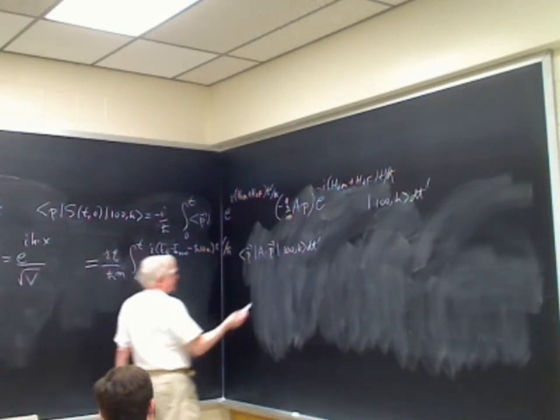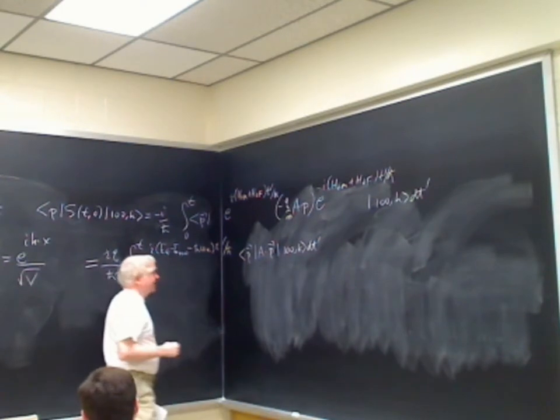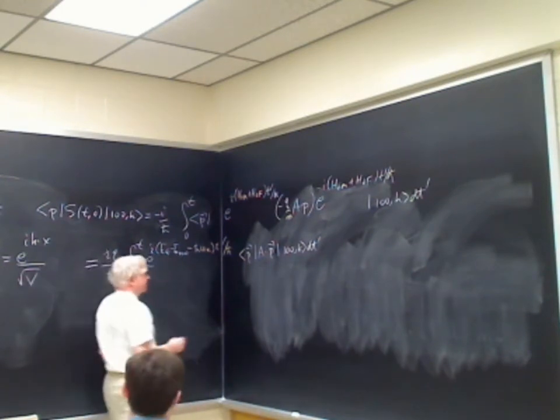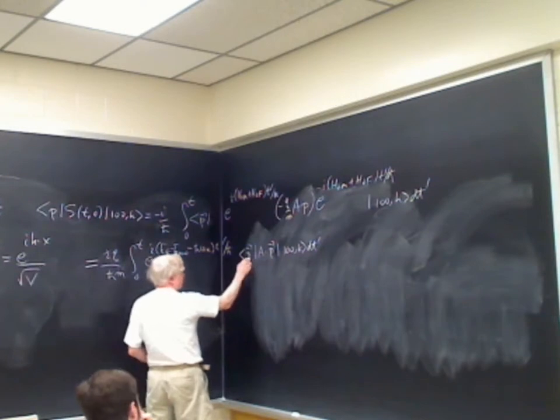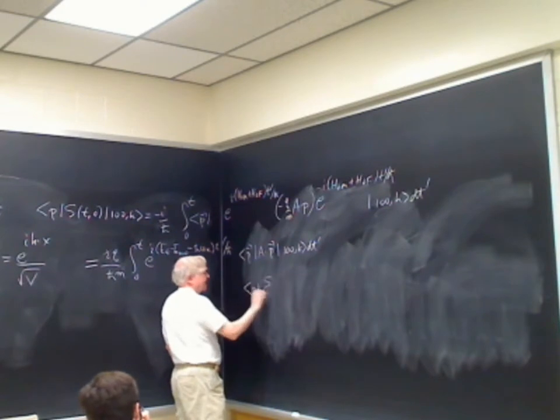Now you remember in the Coulomb gauge we can put the P on either side, and that P then is just going to pull out this P. So in other words, to do the matrix element, what we have here is a P. We then have a sum.